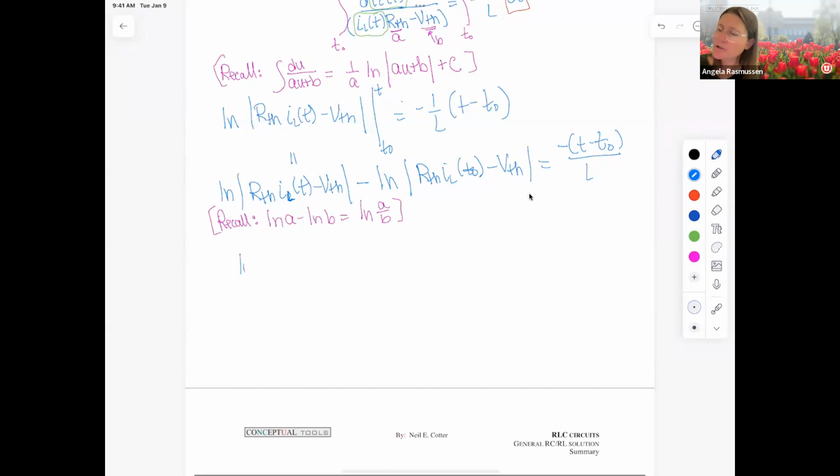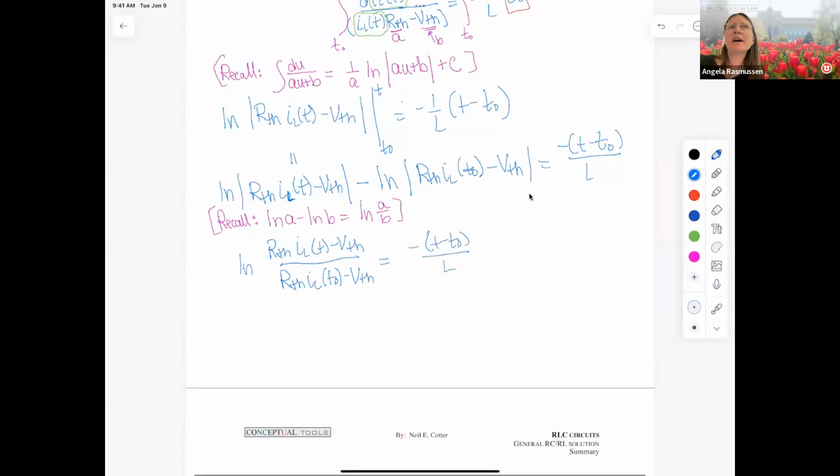So this can become the natural log of RTH IL minus VTH over RTH IL at t0 minus VTH. And then this can become, let me write it out, I'll shortcut it, minus t minus t0 over L.